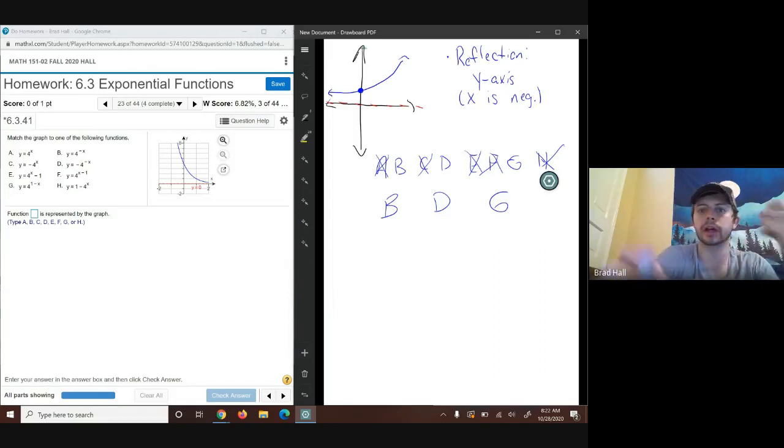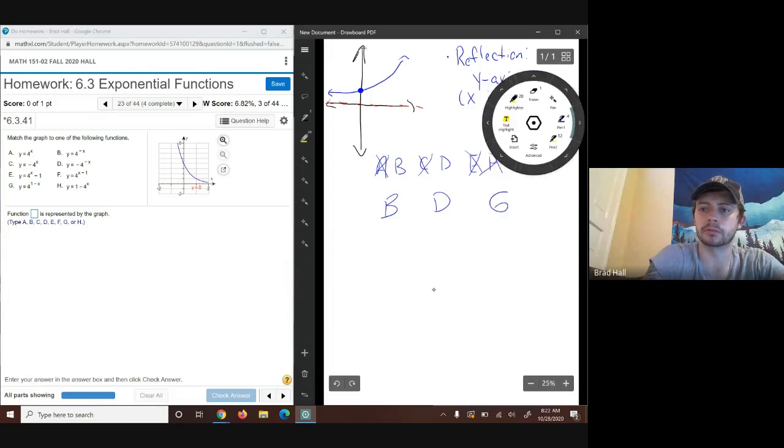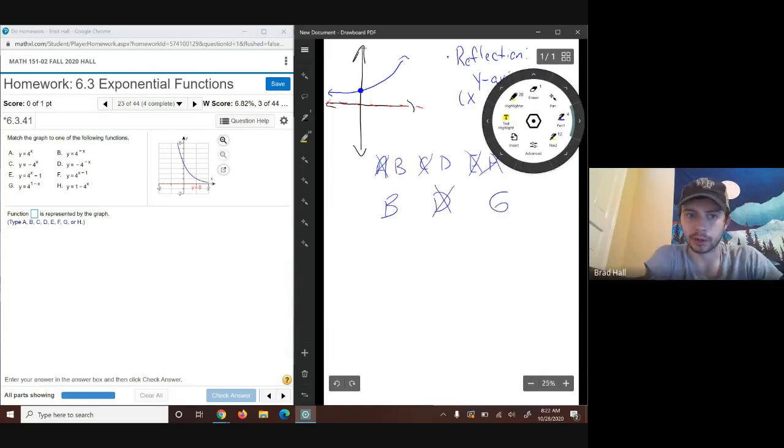So I'm going to go ahead and already mark out D, because if you notice on the left, D also has a negative sign in front of the whole function, which means you would reflect about the x-axis as well. So D has too many reflections.